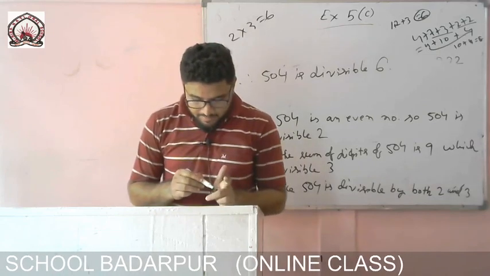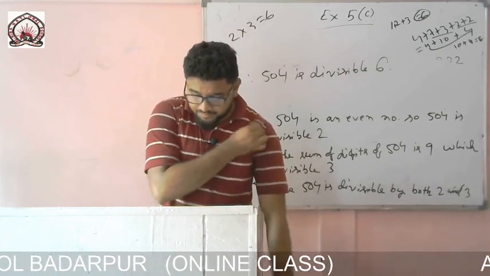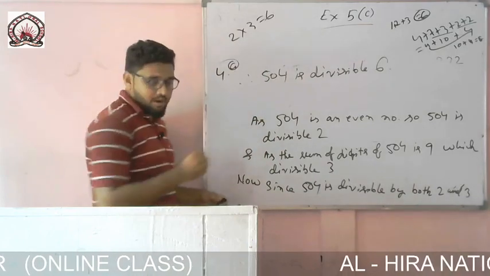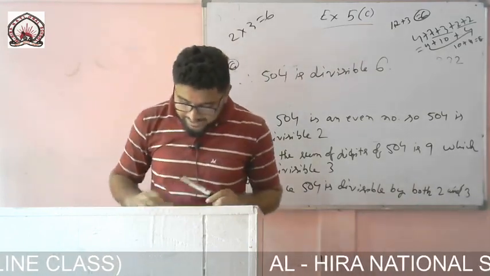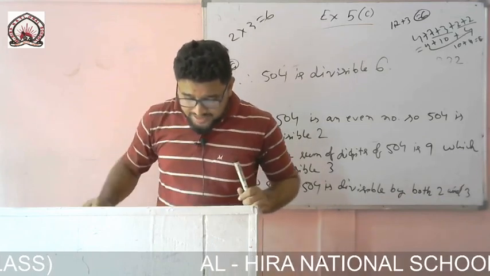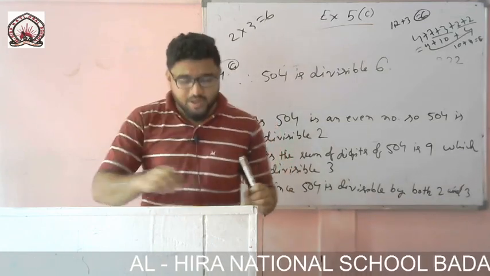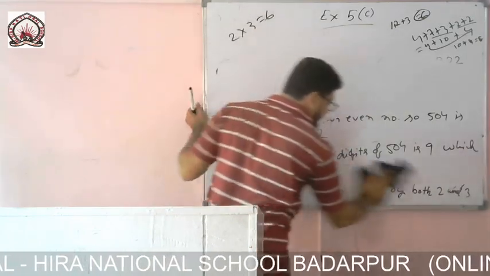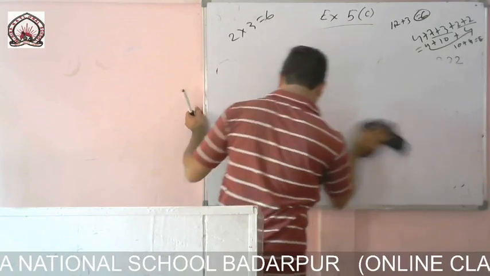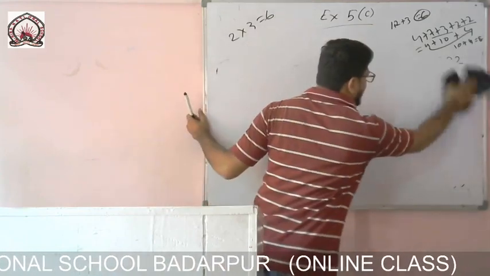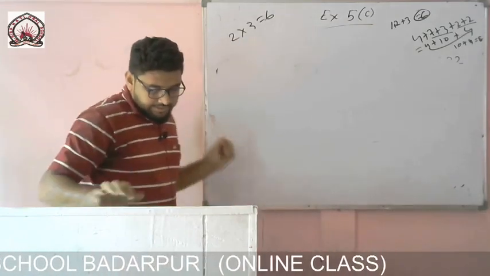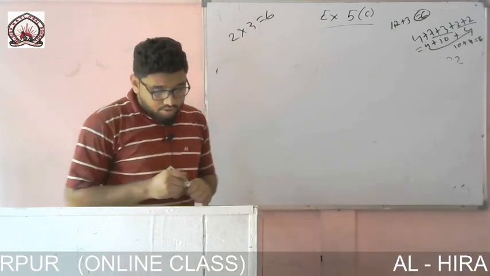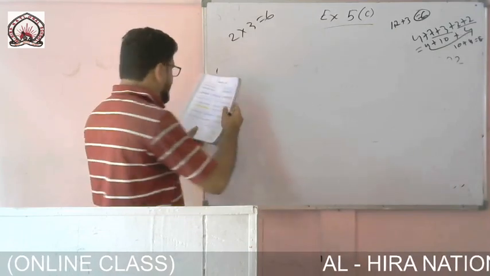Okay, now come to question number 4b. This is 4a. Now 4b. We have to check the divisibility of 12.